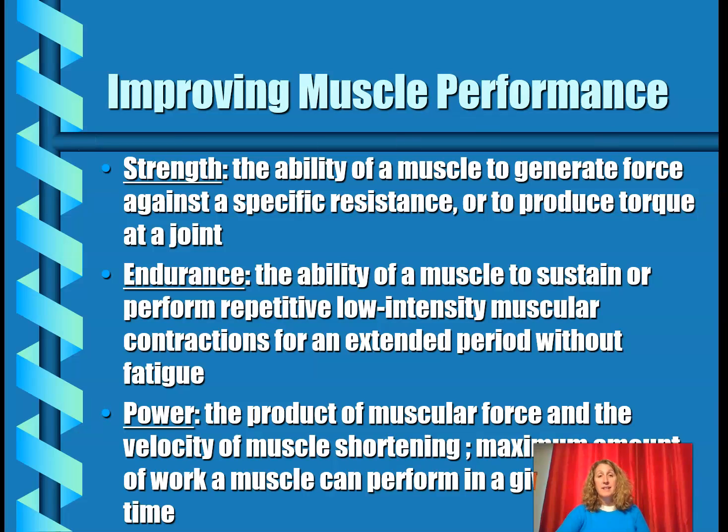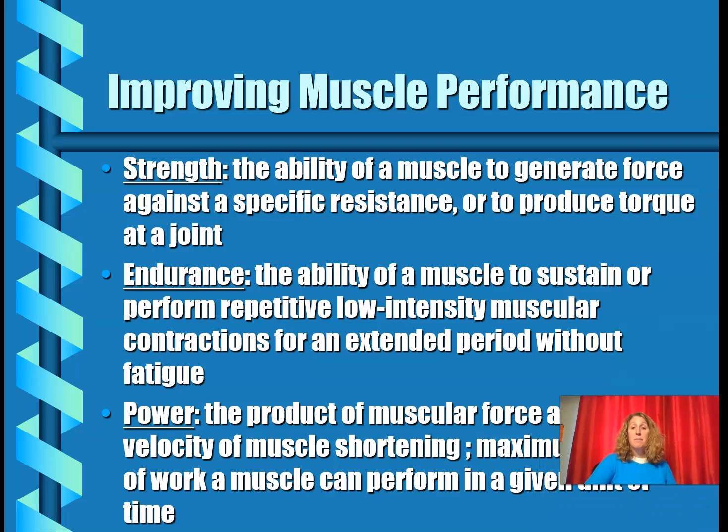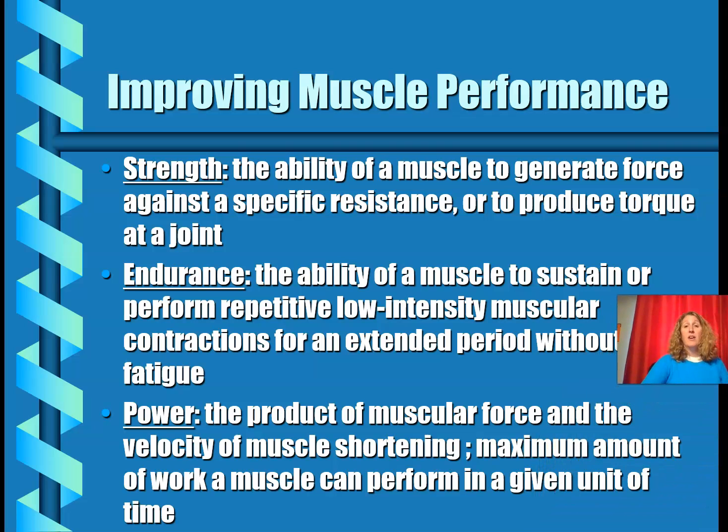So we've already discussed that there are three components of muscle performance, and that's strength or force, endurance, and power. The different definitions of these components are here on this slide. So we have strength, which is the ability of the muscle to generate force against a resistance.